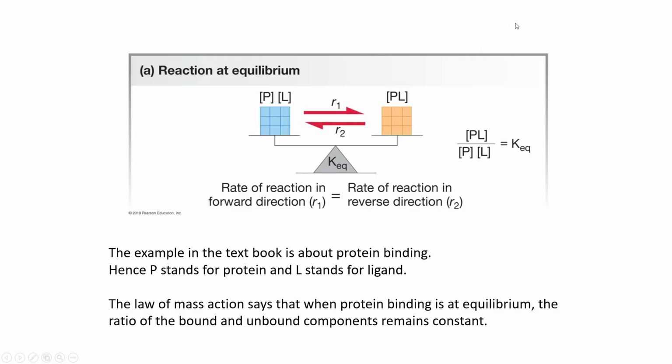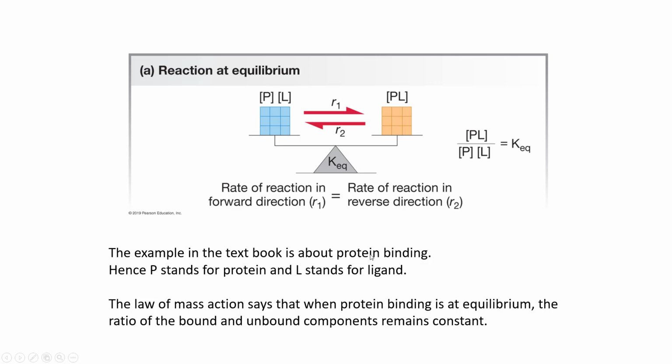So here's a picture from your book. At equilibrium, we have two reactants, P and L, and the product in this case is just a bound form where P is bound to L. So again, product over reactants means that the concentration of PL over the concentration of P multiplied by the concentration of L equals a constant value, which is KEQ.